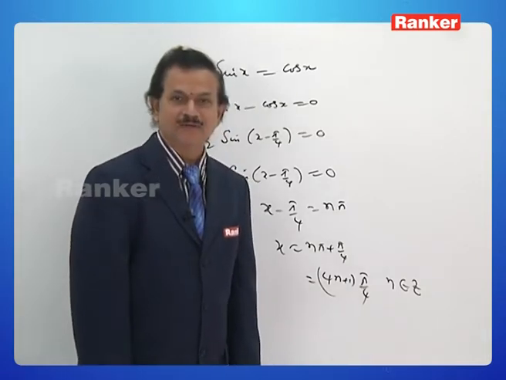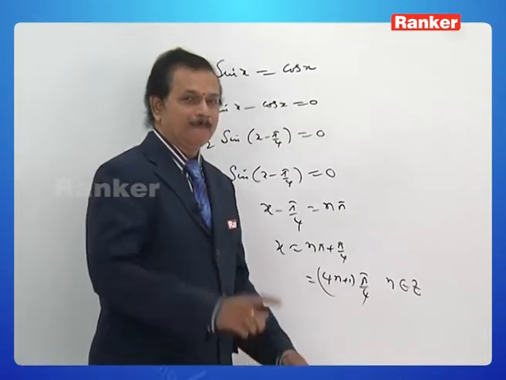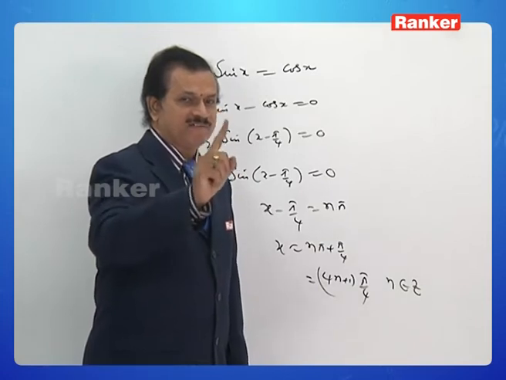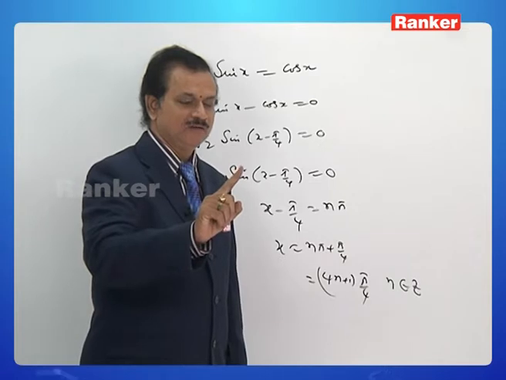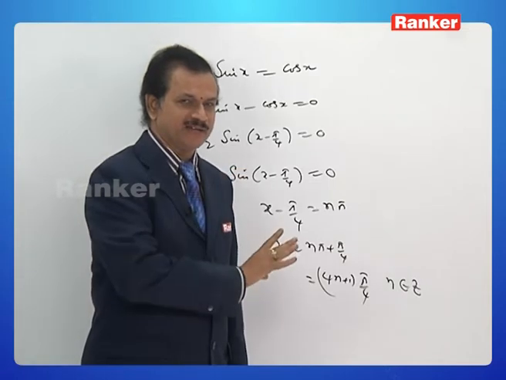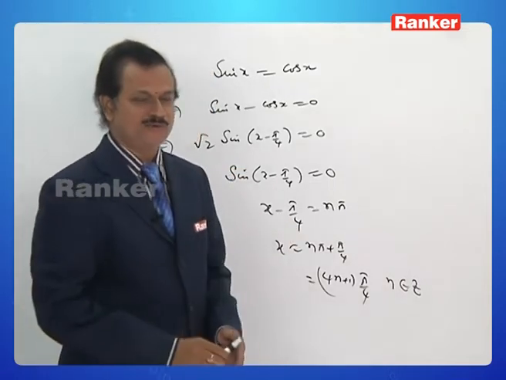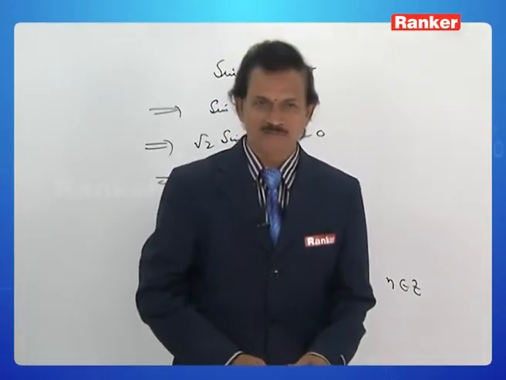This is the concept. Well, my dear, by making use of sin of a plus b and sin of a minus b, we could have written sin x minus cos x as root 2 into sin of x minus pi by 4.